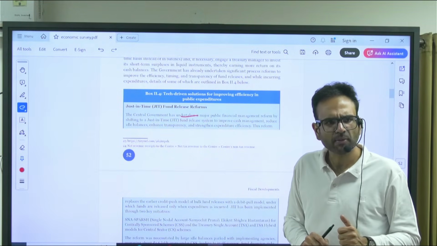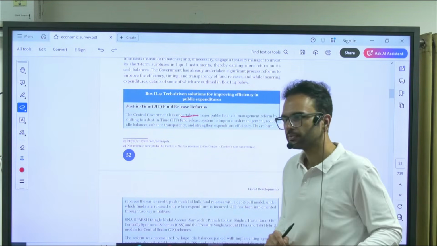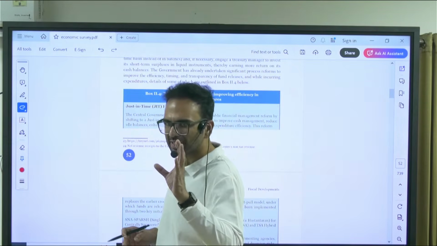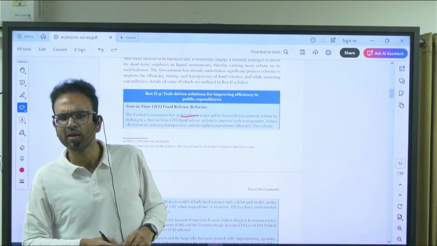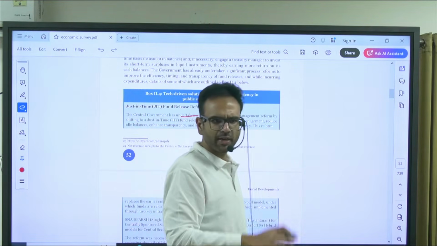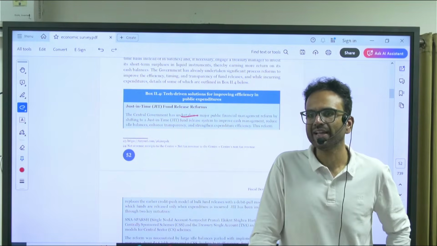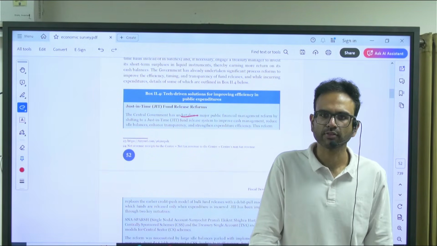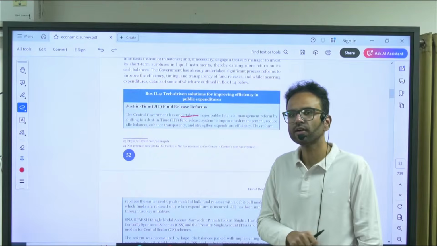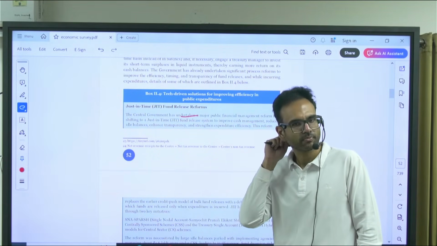Where will states get their money from? We'll see that. But from the center to the states, just on time, just before giving away that money to the public for clearing the bills, you will get your funds. And it is routed through one specific account.